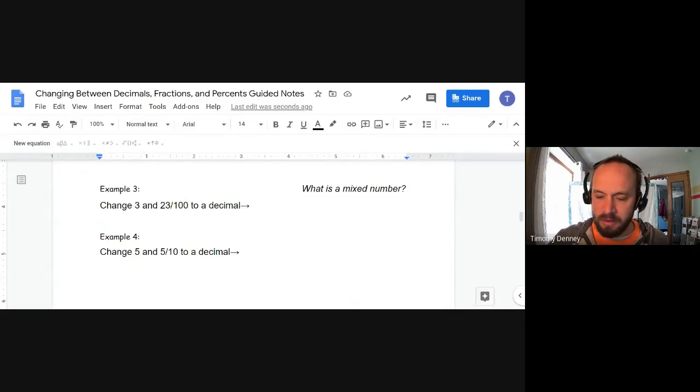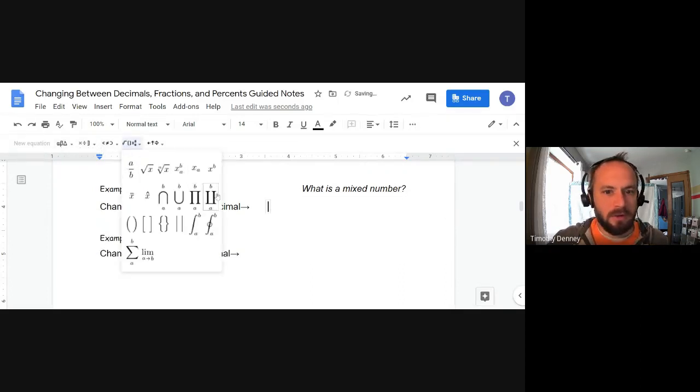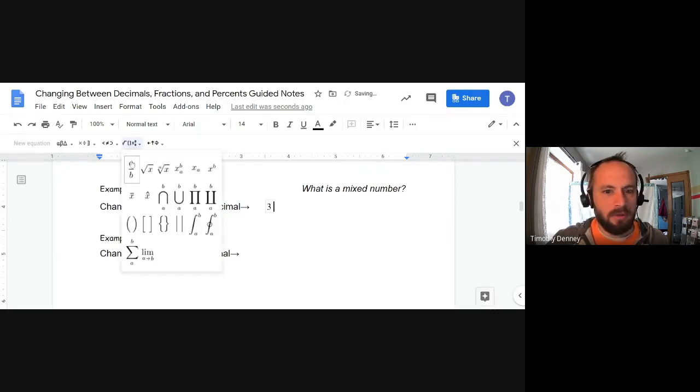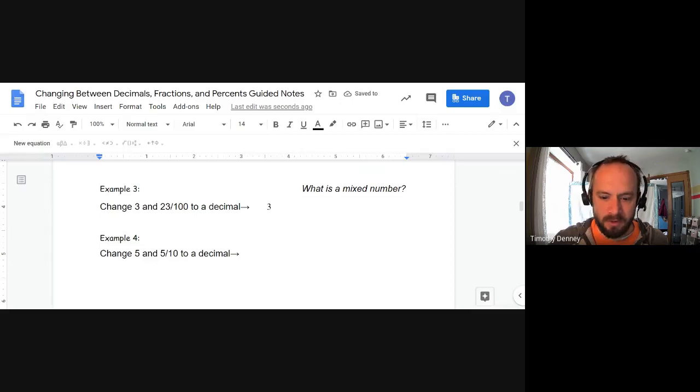So you should start to realize that, hey, that's the same thing as 3 wholes and my decimal here. Now I have 23 100ths. So I can just write 23 because this goes out to the hundredths place and I've got 23 of them. Like 23 pennies, right? Pretty simple.